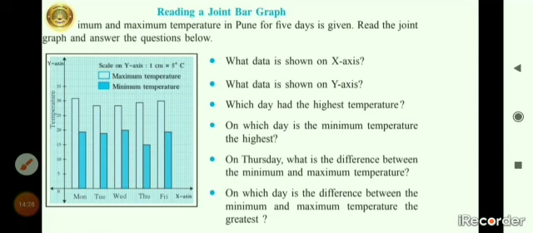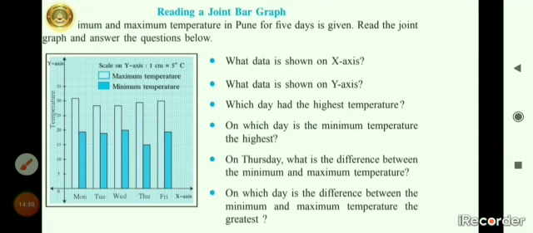What data is shown on the y-axis? Temperature in the city is shown on the y-axis. Students, you also have to write this in your notebook. So please pay attention.